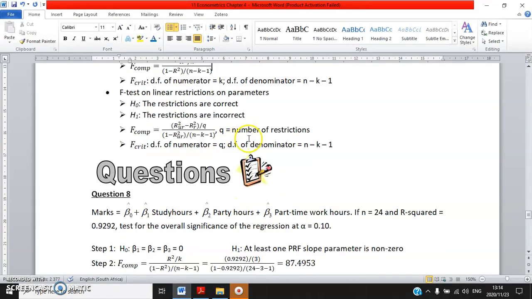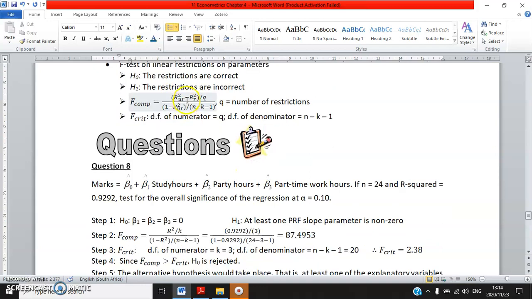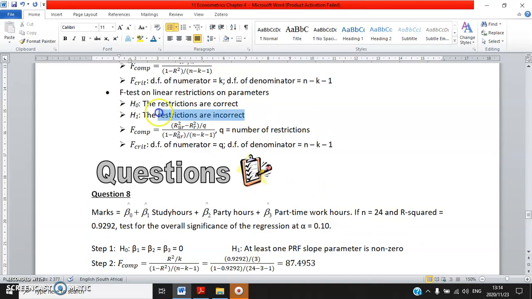We are going to do two questions on that, and then the other F test is on restrictions on the parameters. Null hypothesis: restrictions are correct. Alternative hypothesis: restrictions are incorrect. The computed F stat numerator is the R squared of the unrestricted regression minus the R squared of the restricted regression. Later, I will explain how we can distinguish one regression from the other. It is quite straightforward.